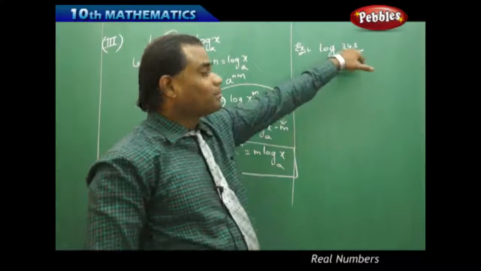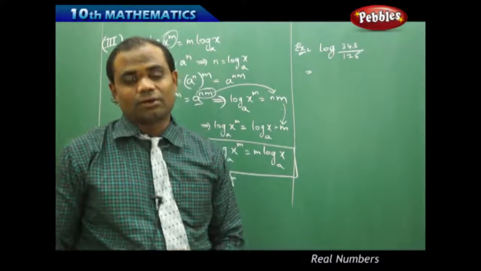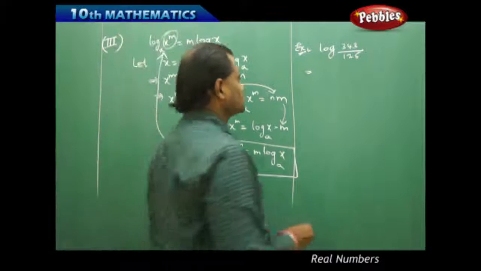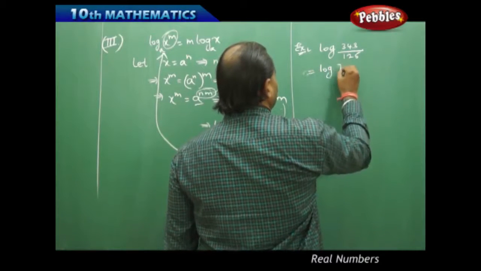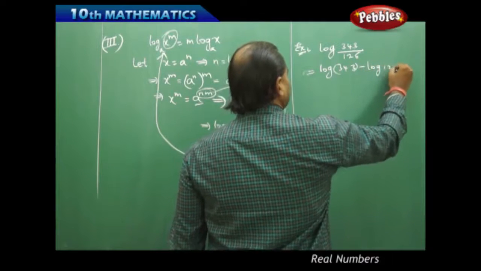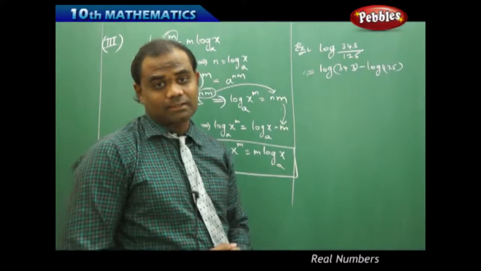Clearly, this is in the form x by y. My second law of logarithm says that log x by y is log x minus log y. And therefore, this can immediately be written as log 343 minus log 125.